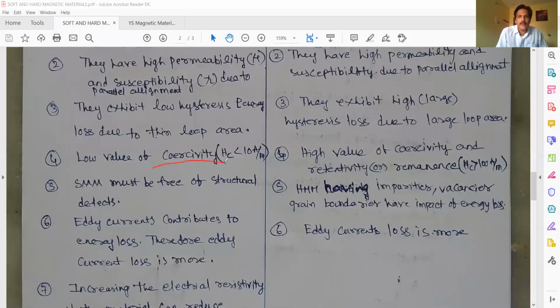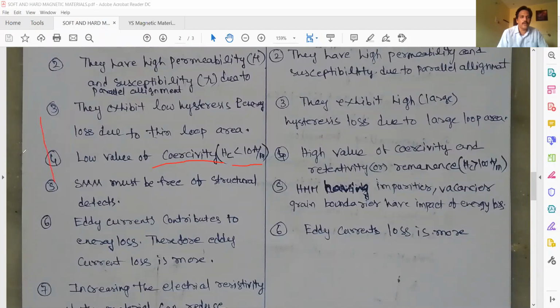The negative magnetic field at which the magnetization of the material becomes zero is known as coercivity. For the soft magnetic materials, the coercivity value is very, very less, that is Hc less than 10 ampere per meter. If you apply around 9 to 10 ampere per meter, the magnetization of the material completely becomes zero.